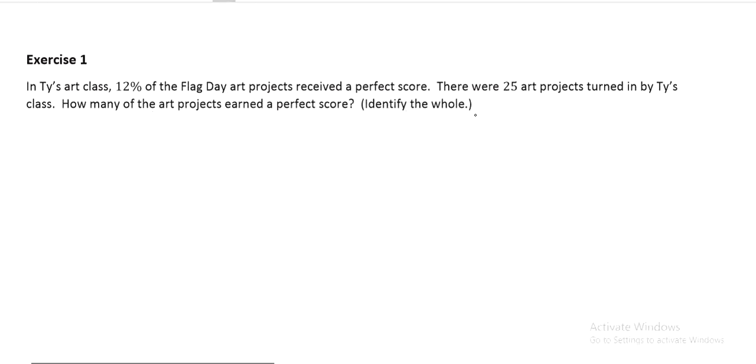The whole is the total number of art projects turned in, and the part will be the art projects that earned a perfect score. There were 25 art projects turned in, so 25 is the whole. I'm going to set up my tape diagram.